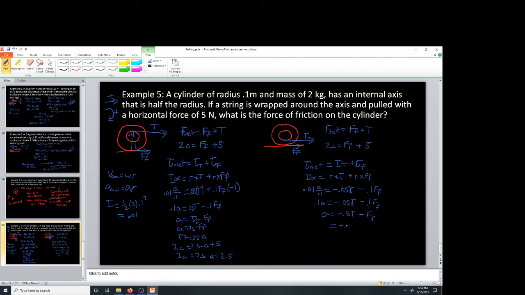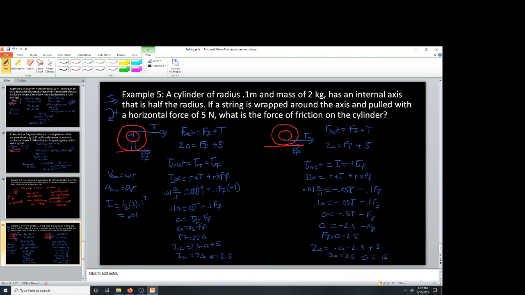This becomes negative, when we plug that in, it's negative 2.5 minus force of friction. A is... I can go back up here. Our force of friction, I guess, is negative A minus 2.5. I can plug that in up here. So I get 2A equals negative A minus 2.5 plus 5. 3A equals 2.5.